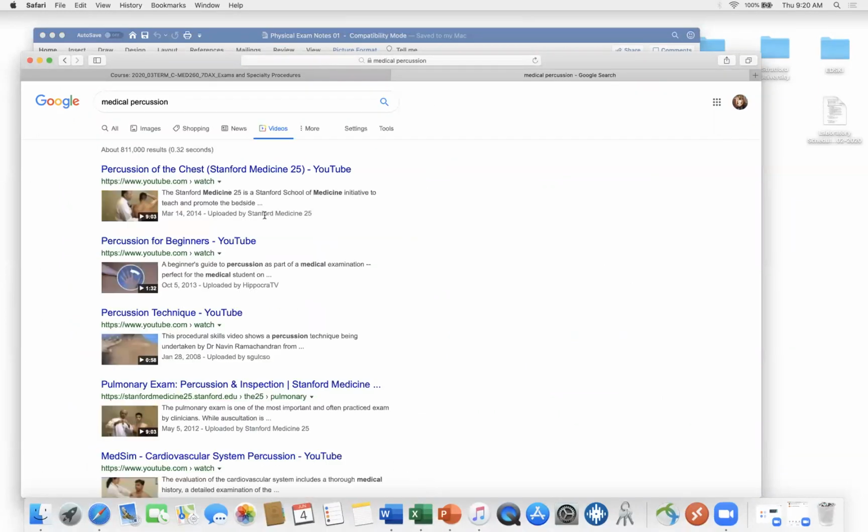Well, let me explain what you're about to see in a moment. The percussion technique is like a poor man's ultrasound or a poor woman's ultrasound. You spread your fingers out, and then you tap with your other hand, and it's going to produce a sound, and it's also going to produce a feeling in your fingers.